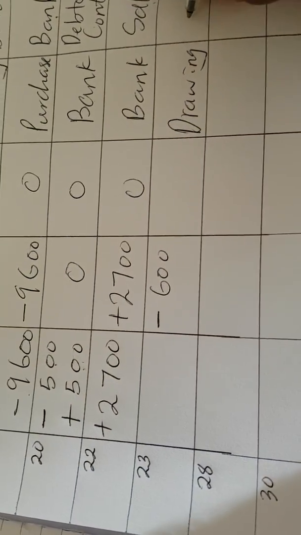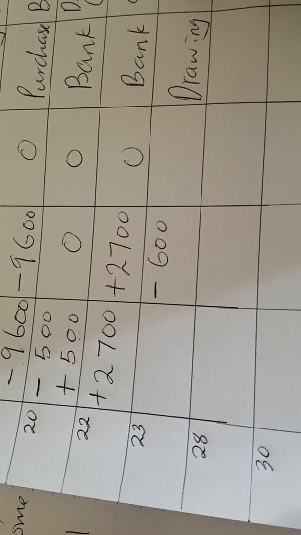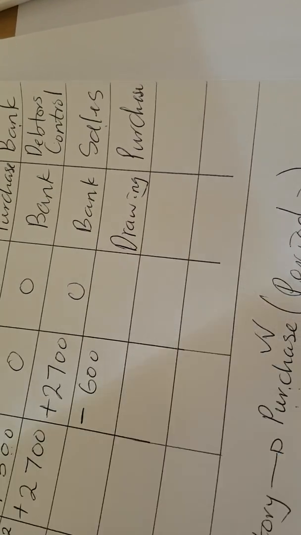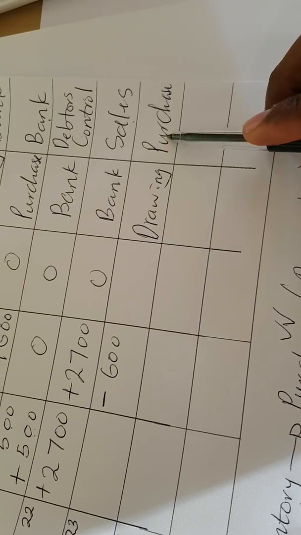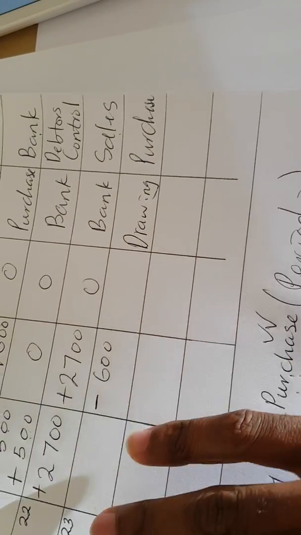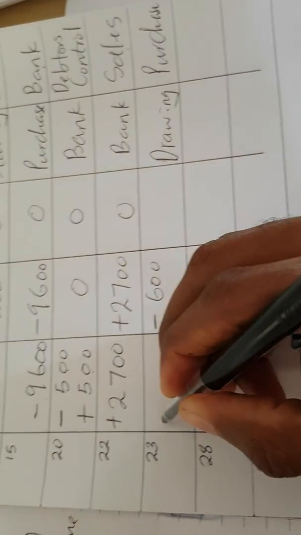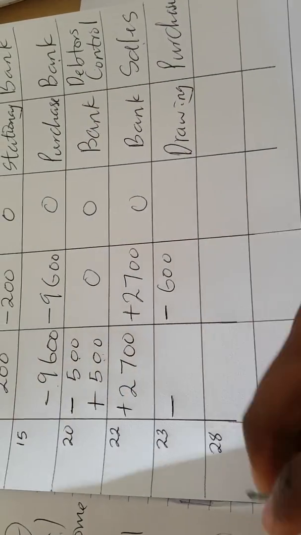In this case, we're going to credit the purchase here. We will not say we credit the inventory, no, we credit the purchase. Why? Because this purchase was an inventory, so it's going to be minus 600 on assets.